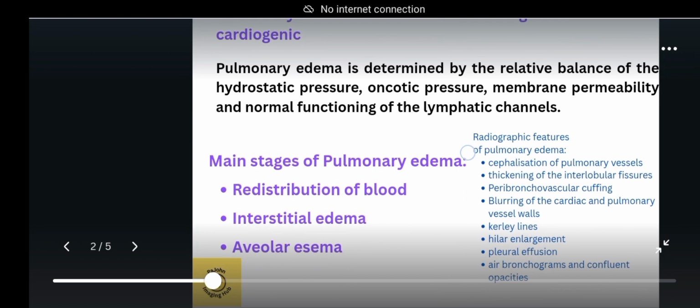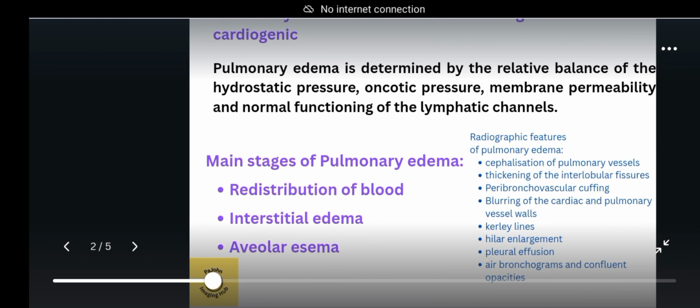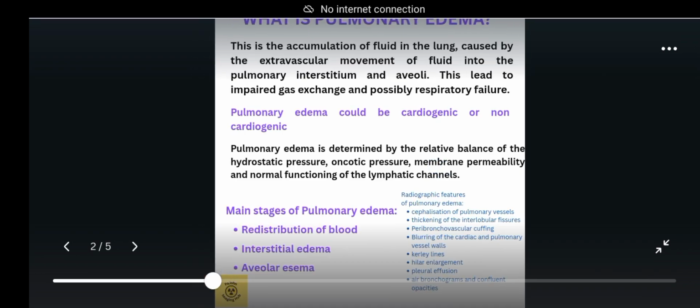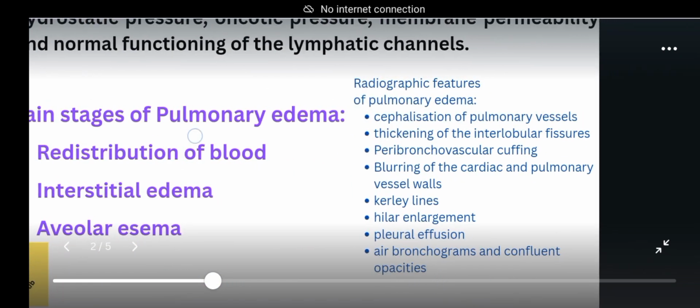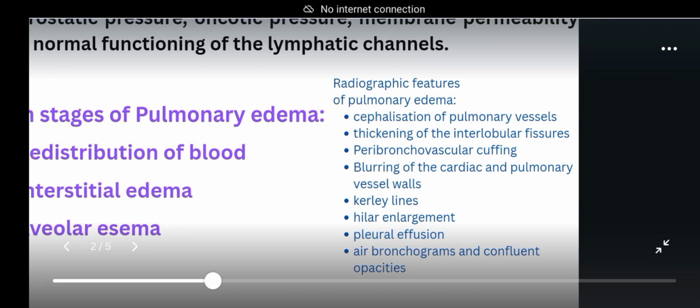Pulmonary edema has stages. There are three main stages of pulmonary edema. We have the redistribution of blood, we have the interstitial edema, and it can now progress to alveolar edema. And there are radiographic signs or features we see, which is the main aim of this lecture.